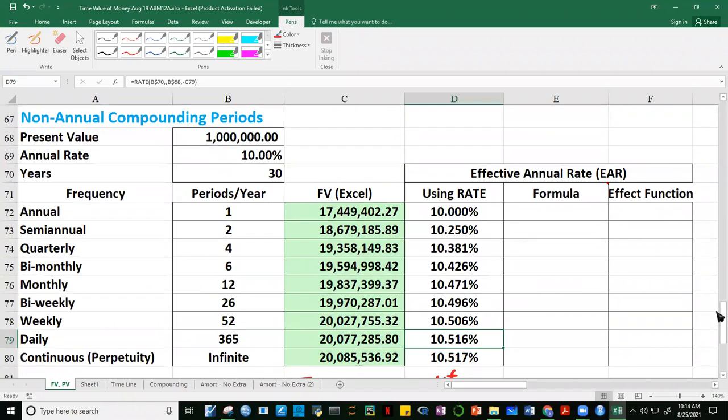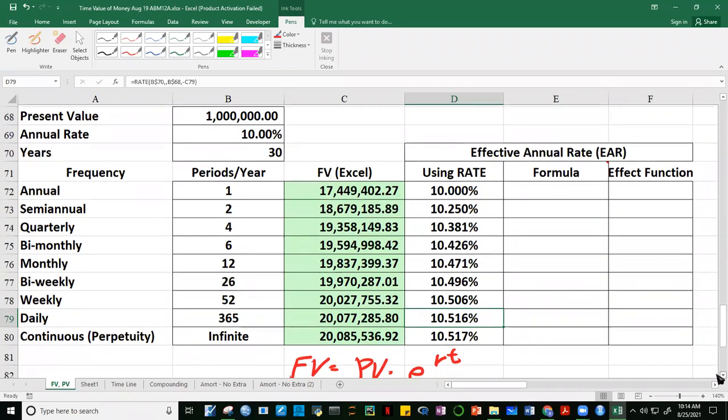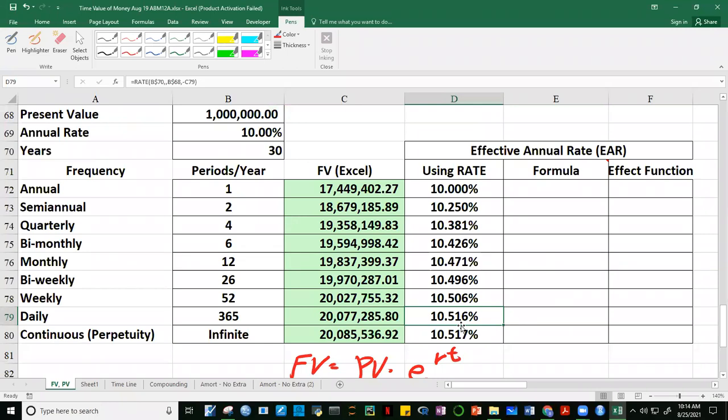Okay, pa-check nga please guys kung clear so far yung using the rate function. Any questions? Okay, how about the rest, guys?